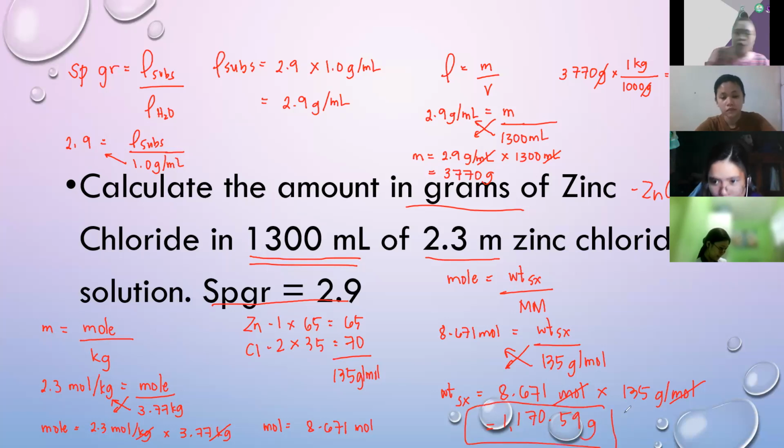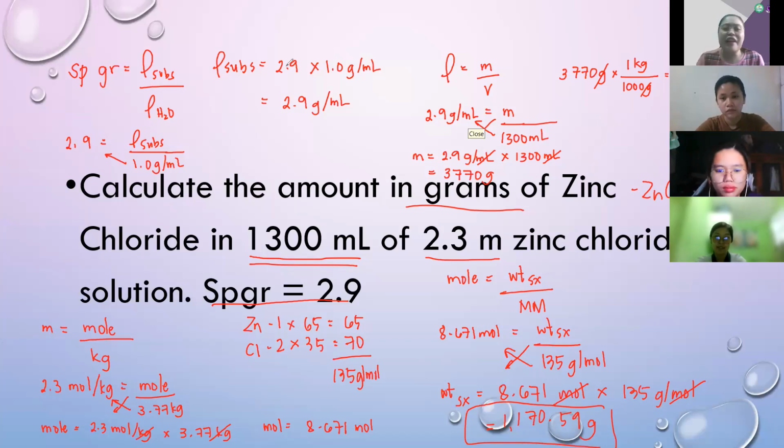So this is the weight of our sample: 1,170.59 grams is needed to be dissolved in 1,300 ml of water for us to have a 2.3 molal zinc chloride solution. Yes, our computation for this is very, very long.